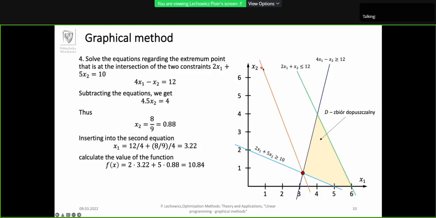So it's exactly here, and to find what this value is, because it's hard to read, it's some fraction on the x-axis, we have to solve the equation considering these two constraints which are involved in this optimum value.